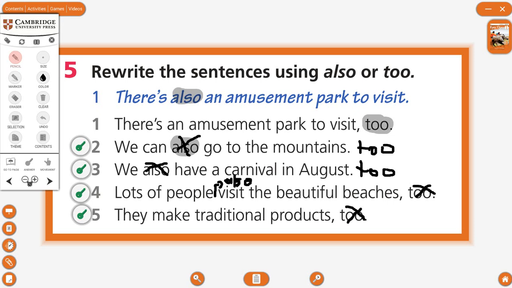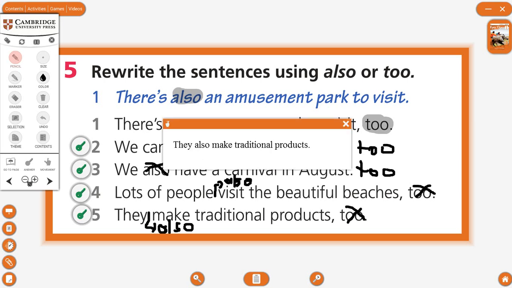We will add also before the main verb. They also make traditional products.